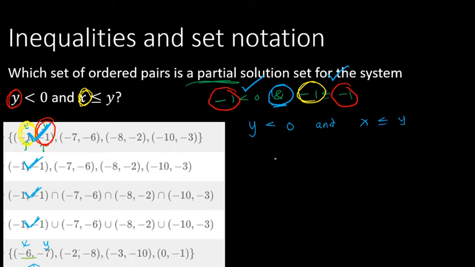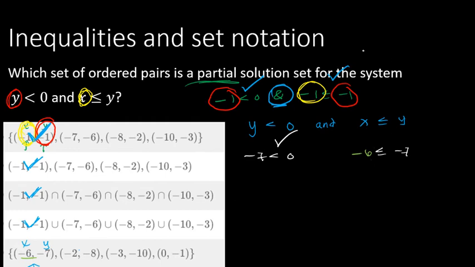-6 gets plugged in for x, and -7 gets plugged in for y. So is it true that -7 is less than 0? Yes. And is it true that -6 is less than or equal to -7?